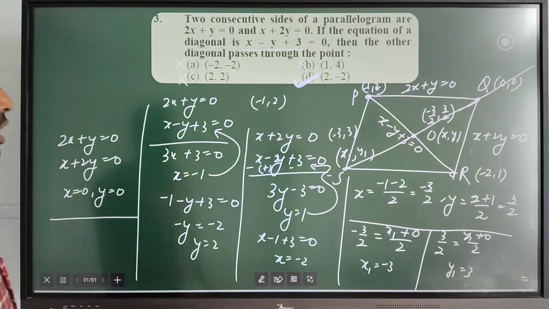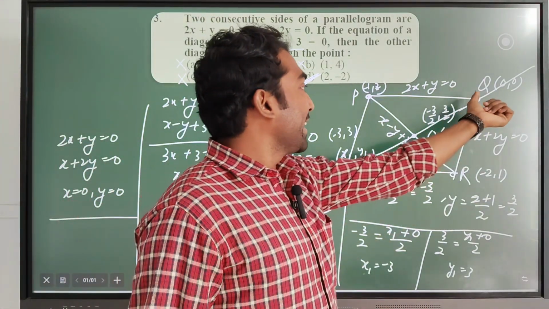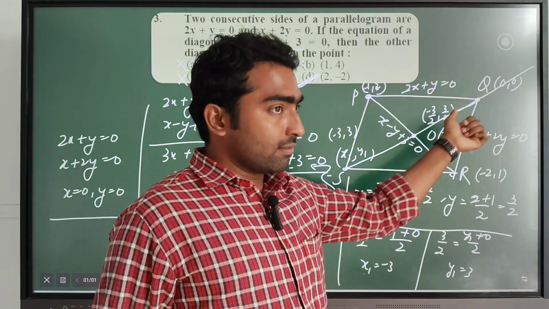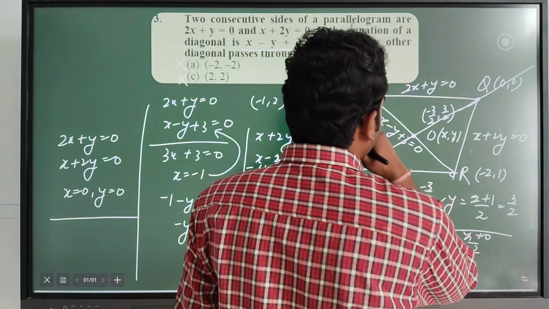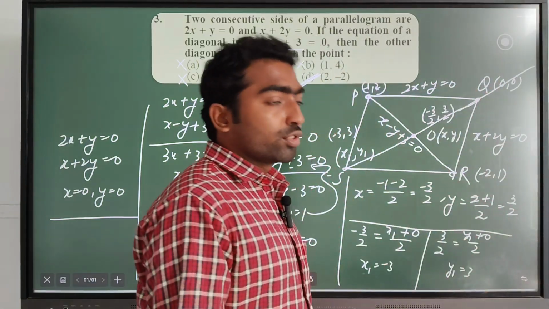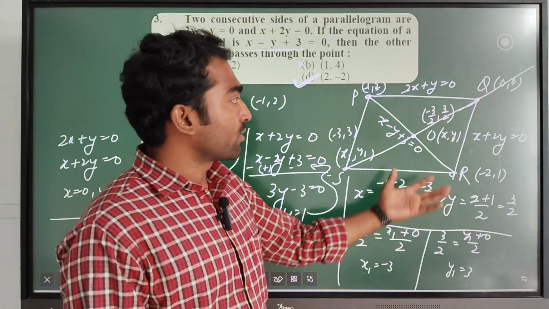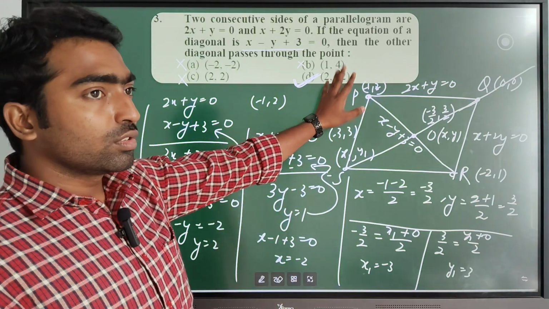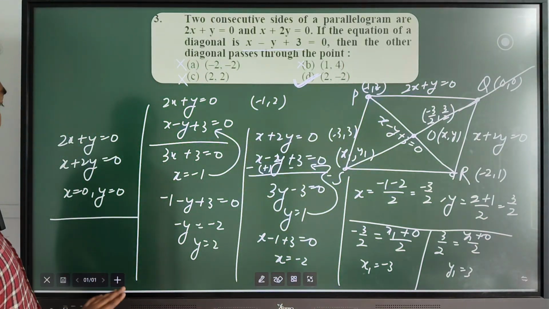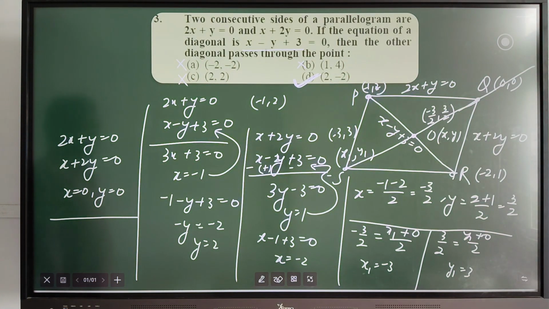You can also check by finding the equation of that particular straight line, and you will get the equation of the straight line as x plus y is equal to 0. So after putting this value you will get the answer. Okay, you can take this screenshot.